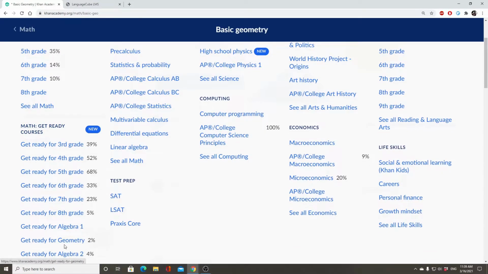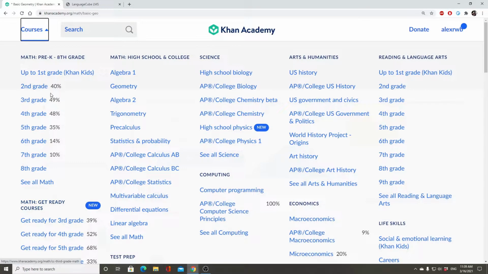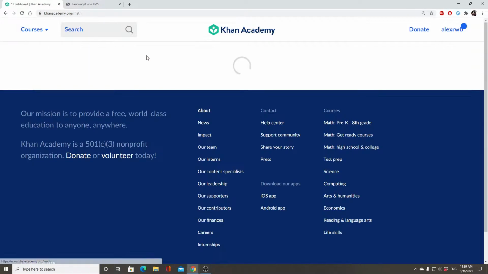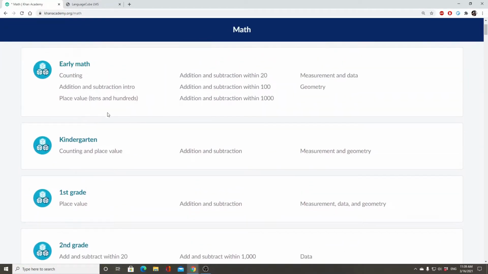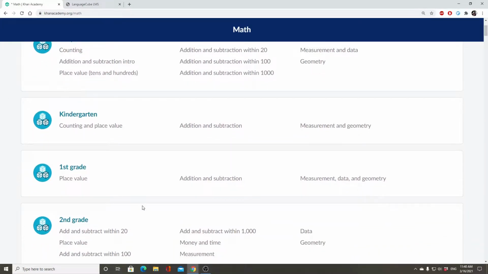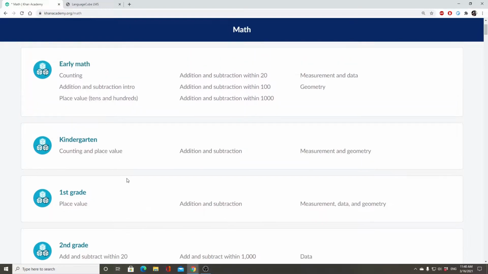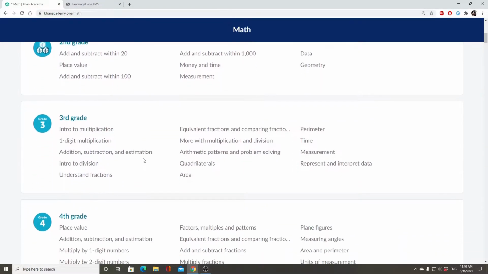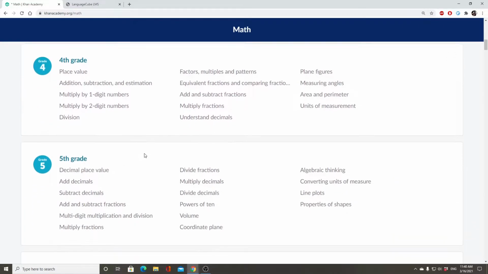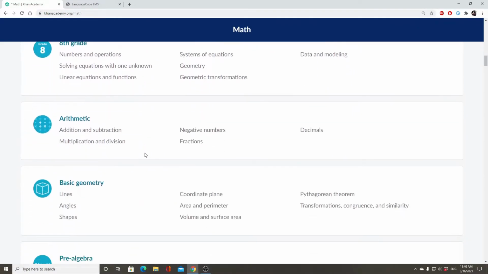I'm kind of here, I guess. You can see there are some percentages. I just recently realized how I'm doing these math courses. If I go to the math section, some of these are organized into actual little courses based on equivalent grades.